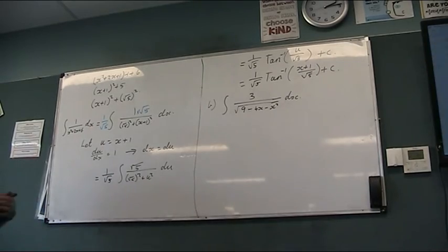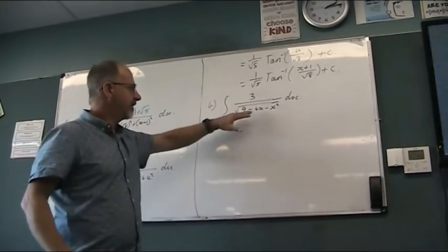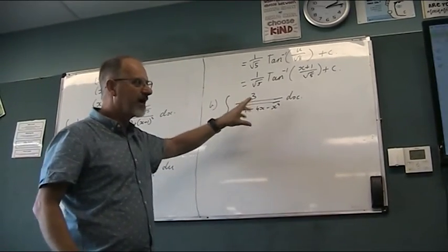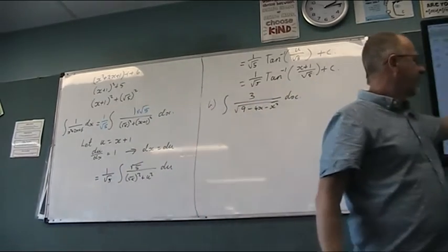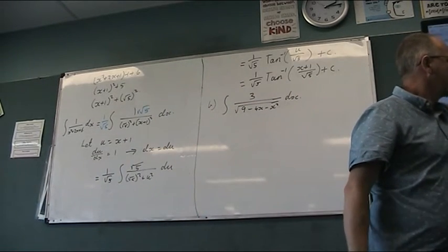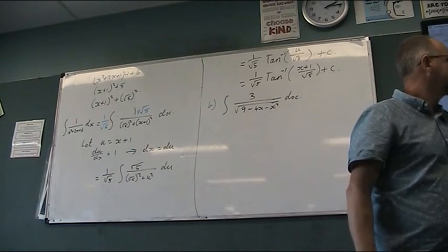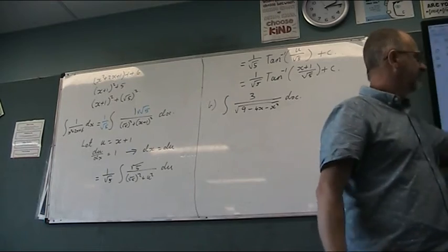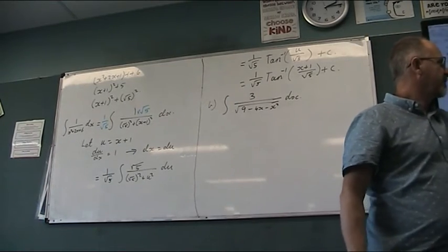So now again here, with this one, you've got a root on the bottom of some stuff. Something squared minus something squared.